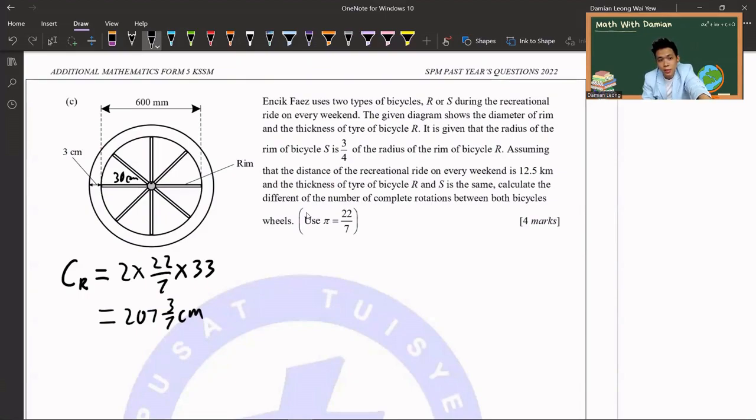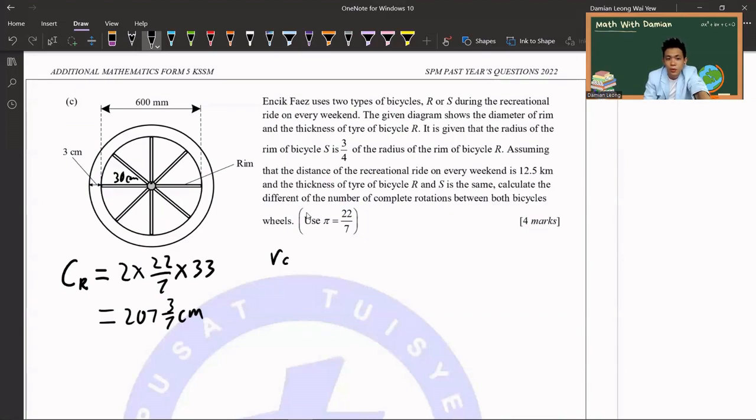And for bicycle S, radius of the rim is 3/4 of the radius of rim for bicycle R. I assume thickness of the tire is the same, because they're just talking about the rim here. And they say thickness, the diameter, sorry, radius of the rim.